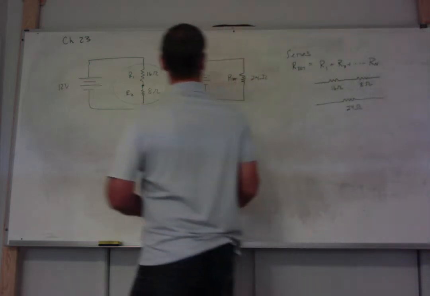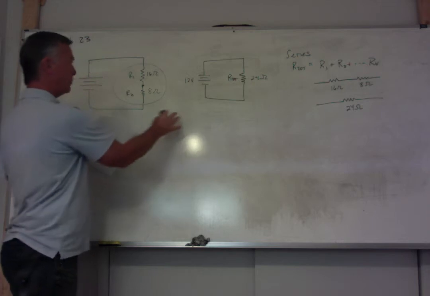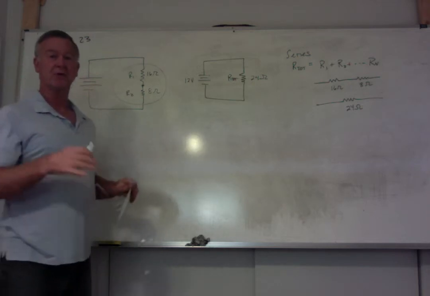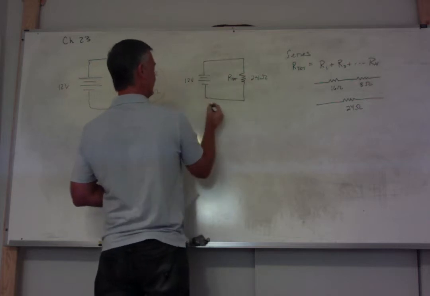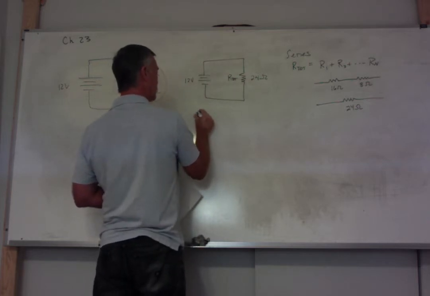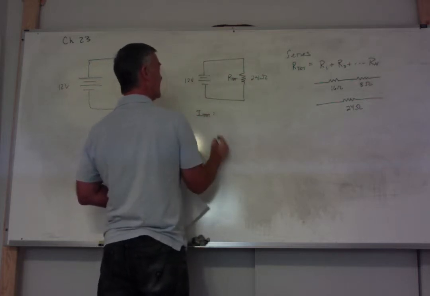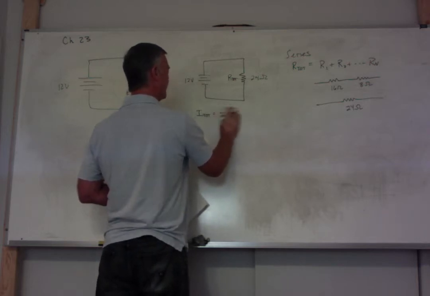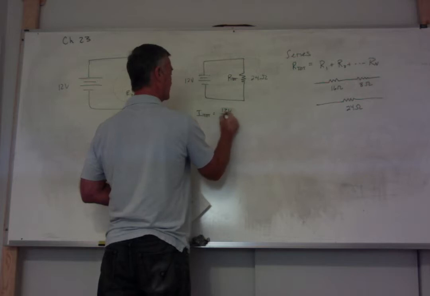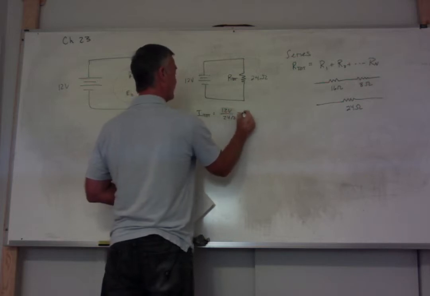Now, what we end up doing on a problem like this is working it through and working it backwards. First thing I would do is what we just did. I would find out what is the total current. And the total current here would be 12 volts divided by 24 ohms, 0.5 amps.